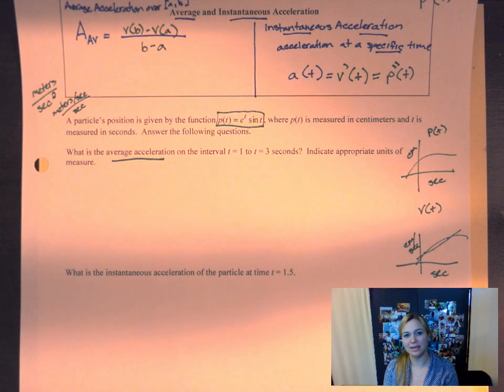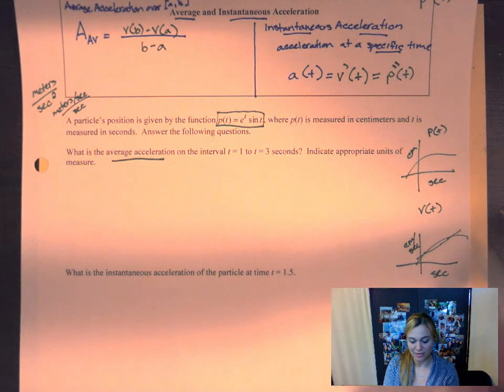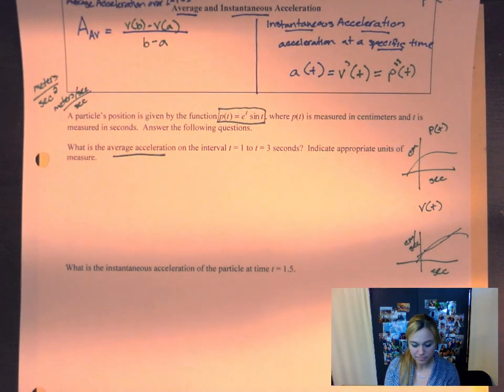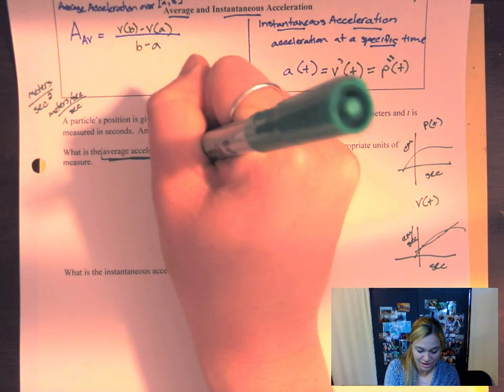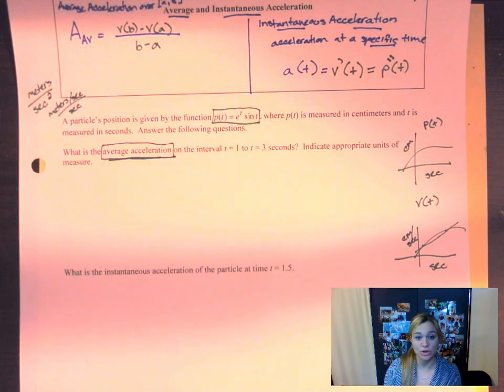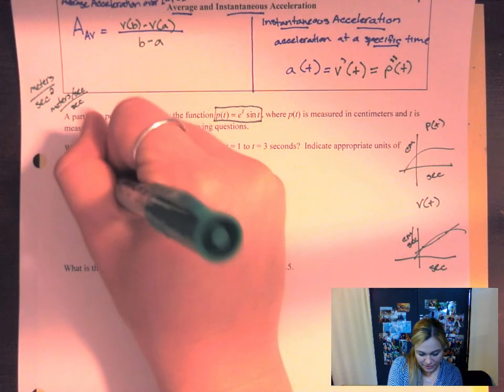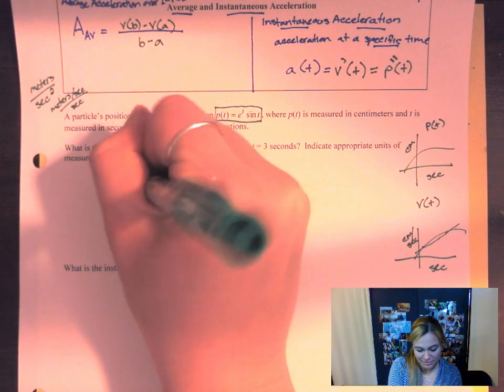That gives me my units for acceleration. So we're good. We should be thinking about this graph now, velocity. As soon as you see average acceleration, average rate of change, you should be thinking slope of the secant, but this time for velocity.